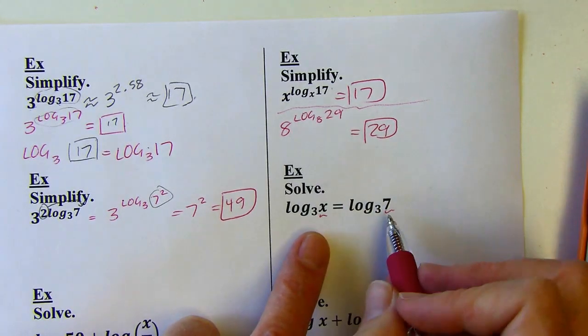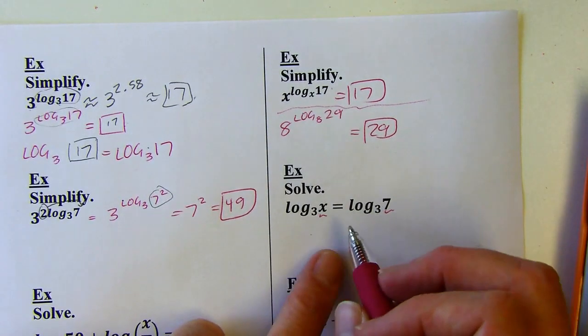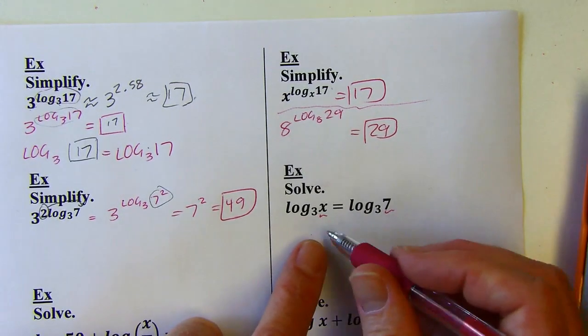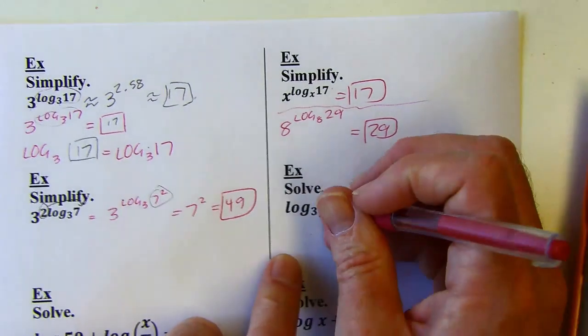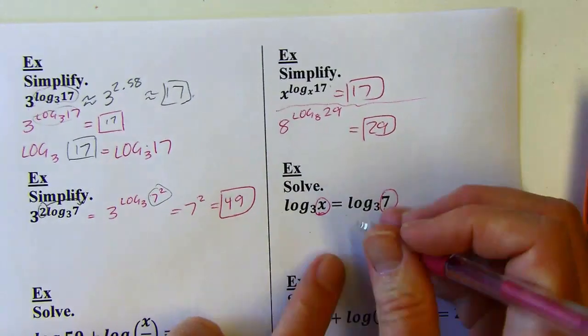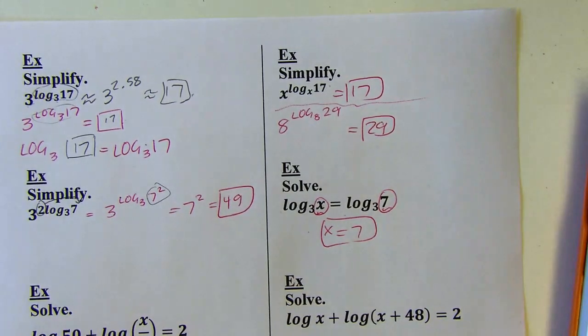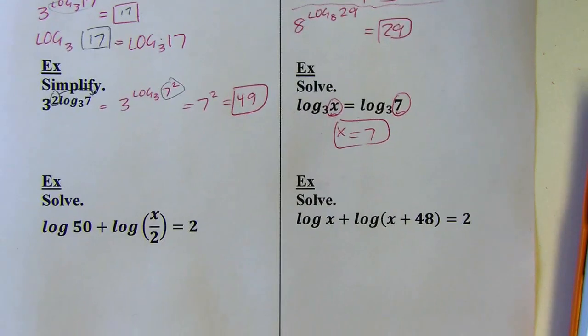So yeah, we could combine these two logs. I could subtract one of the logs from both sides, set it equal to 0, start converting it. But if you have two logs that are equal and they have the same base and there's no coefficients or anything in there, I know those are going to be equal, right? So that allows me in one step to say that x is going to equal 7. So, take the easy way if sometimes there are multiple ways you can do these, okay?